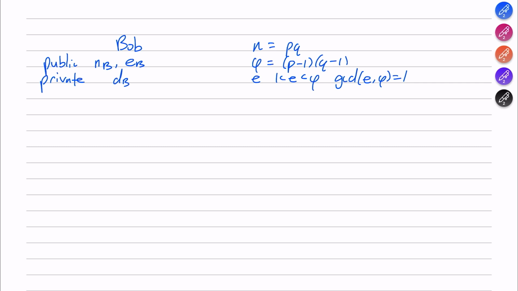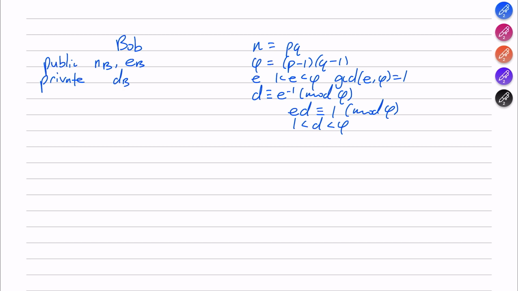Now we need to find the secret component, which is d. d is found by finding the inverse of e mod phi. What that means is that e times d is congruent to 1 mod phi. That's just the definition of inverses. And of course, 1 has to be less than d, and that has to be less than phi.